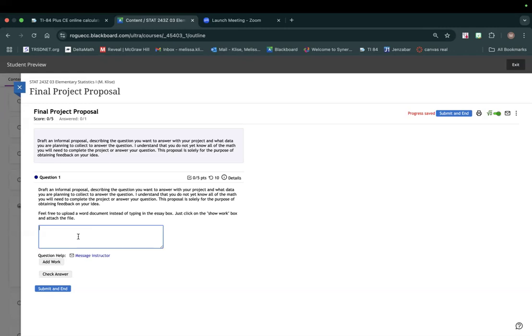You could just say, I really like dogs, so I wanted to do the age and weight of 20 dogs. I'm making stuff up. But you tell me what you think your two variables are. If you want to give me 2 or 3 different ideas, I'll give you feedback on all of them.